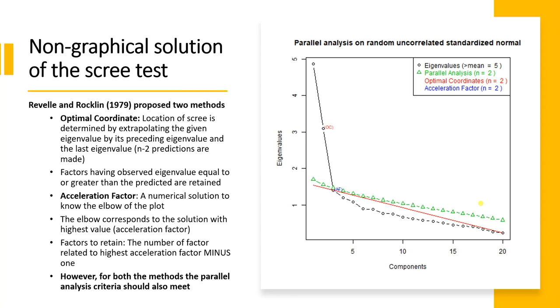Then the third factor is associated with the highest acceleration factor. So 3 minus 1, that is, two factors will be retained. But in optimal coordinate, the number of factors indicated by the optimal coordinate is retained. So the observed eigenvalues equal to or greater than the predicted values are retained. We do not subtract anything.